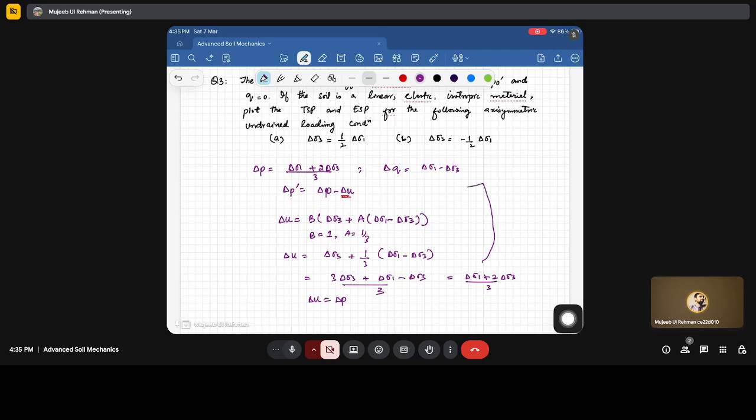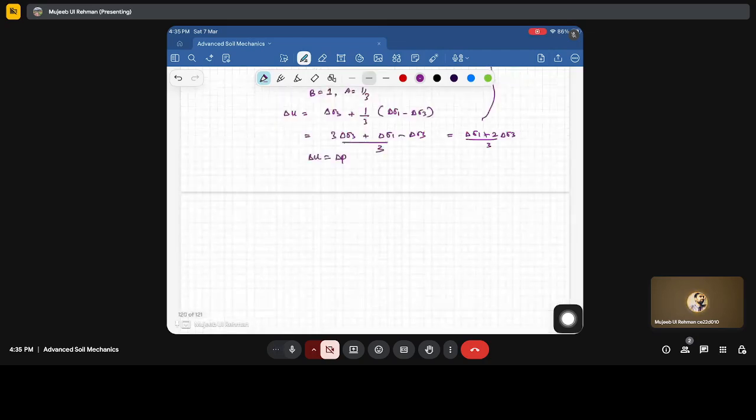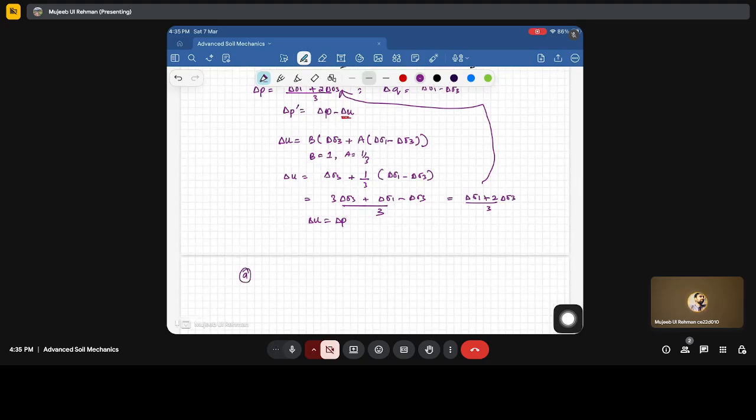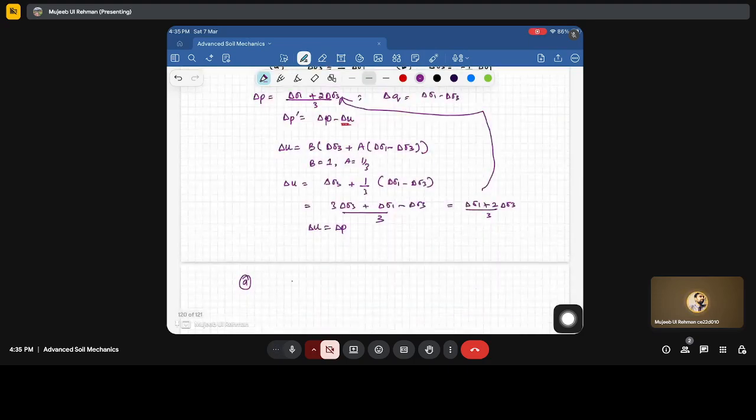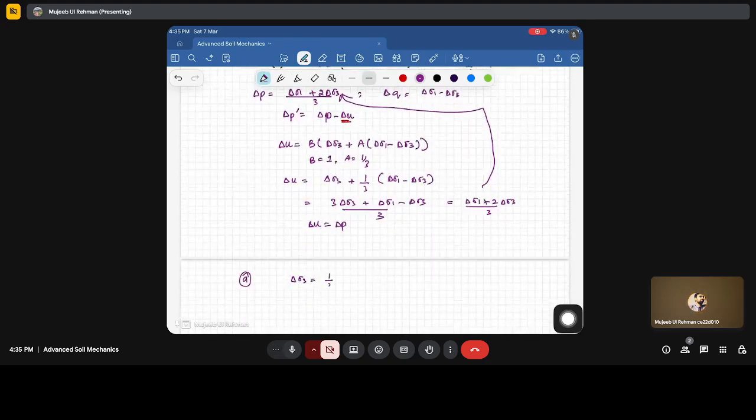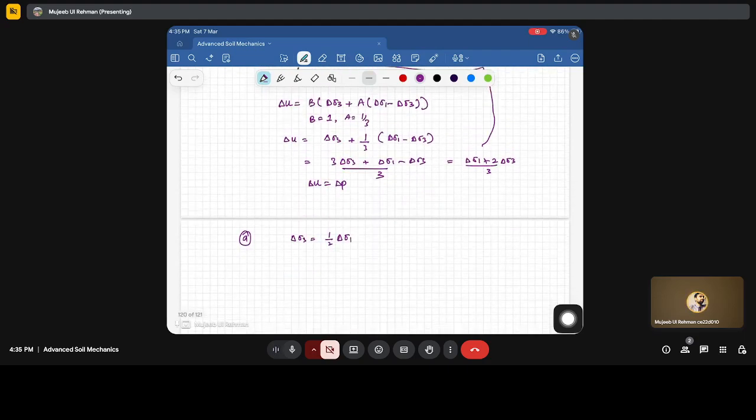We remember this. So delta P dash will be equal to 0 for the whole case, which represents the elastic stress path. Fine. Now if we take the first condition, delta sigma 3 is equal to 1 by 2 of delta sigma 1. We will take the first case.